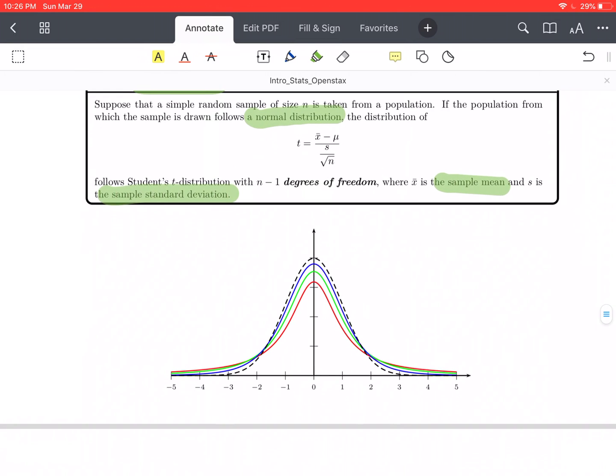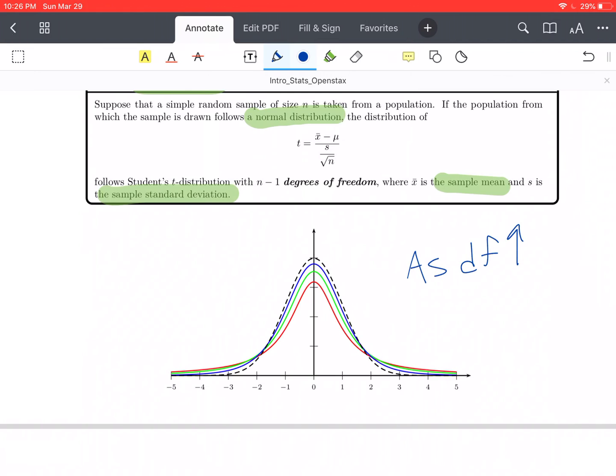If you notice down here at the bottom, we have a bunch of different versions of this graph. That's because as the degrees of freedom increase, we end up getting a graph that is taller and thinner.